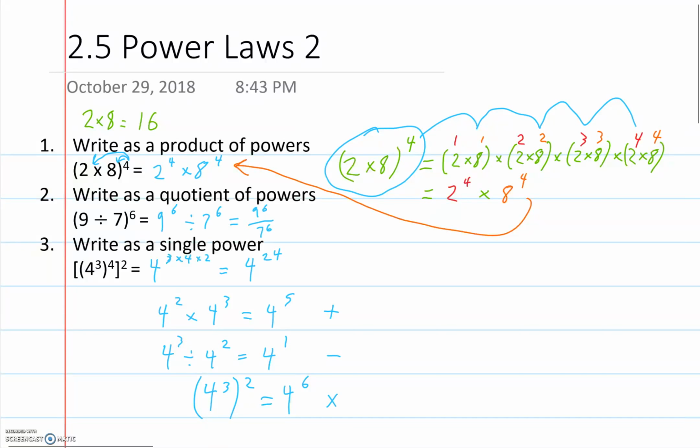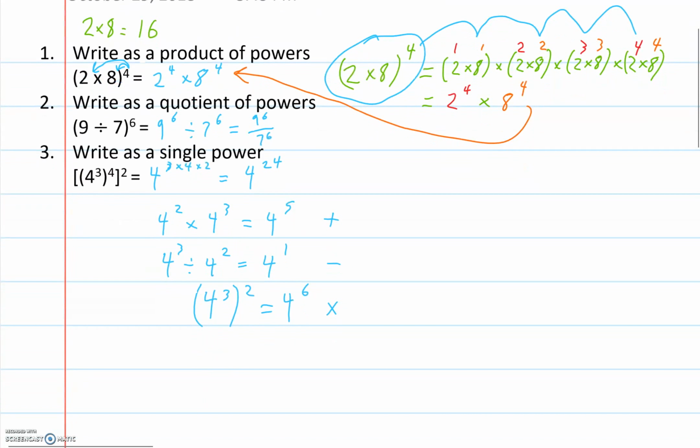I'm going to mention this one as well, because it will help explain things in the future, but it's not useful yet for Math 9. There is an option to divide. Dividing is when you have the square root. Let's say you have 2 to the 2, and you take the square root of that.